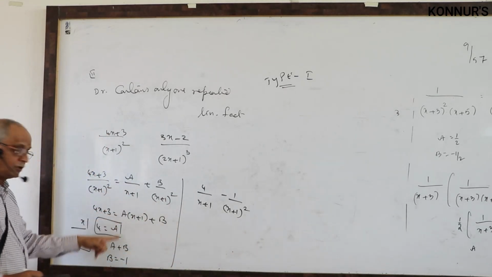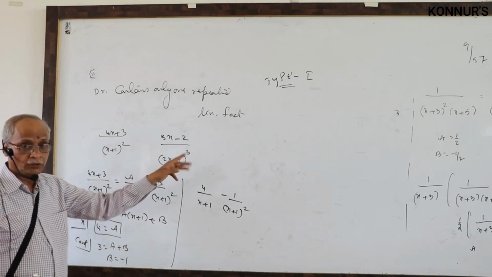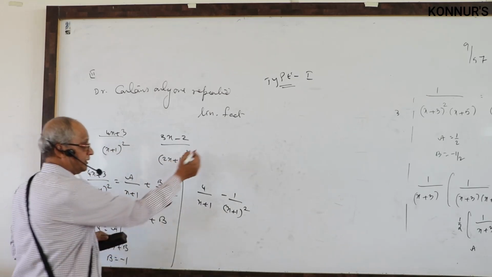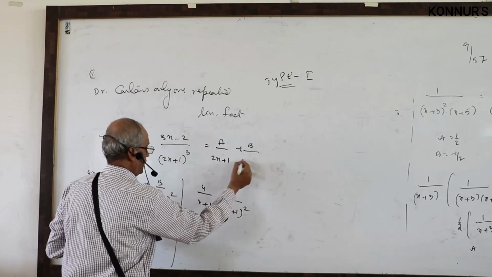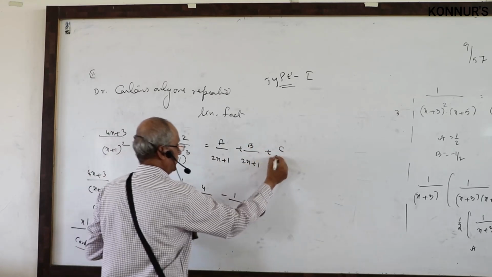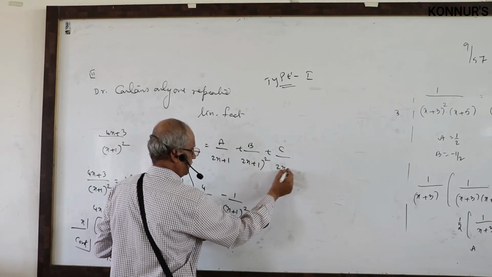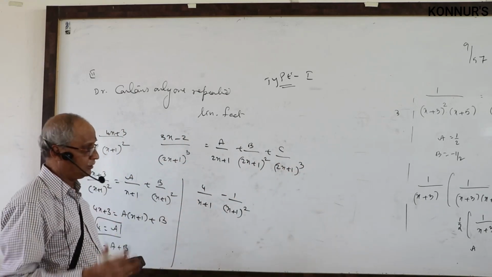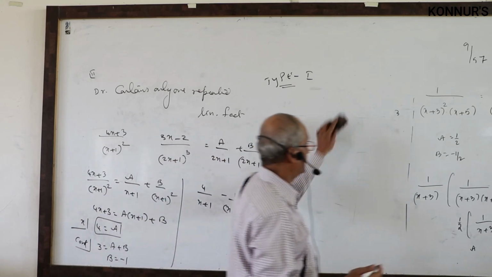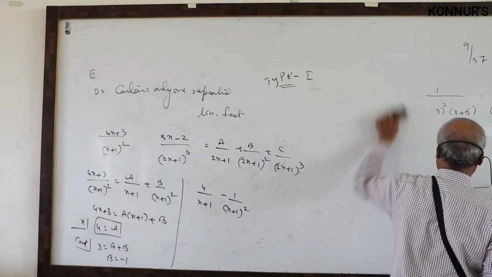Then you are following this theory. If I give whole cube, 3 constants. Why? Because a by 2x plus 1, b by 2x plus 1, c by 2x plus 1 whole cube. How many constants? 3 constants. Not easy. Mechanically it will be more. Getting 3 numbers, calculation will be more.